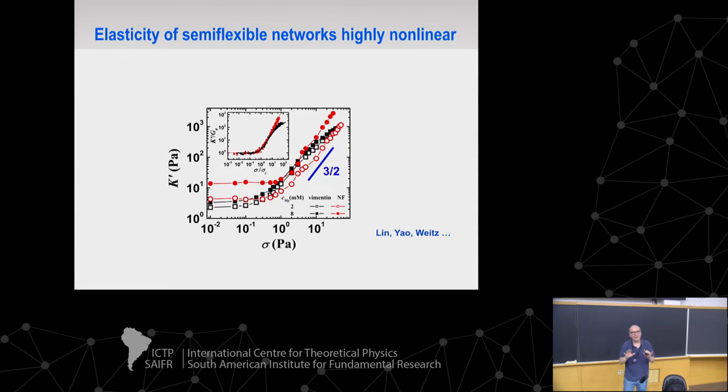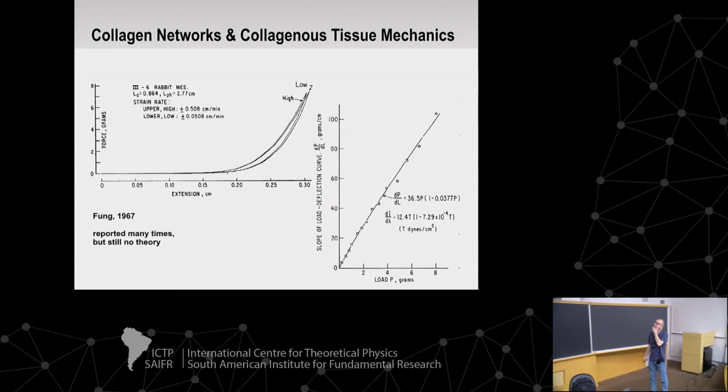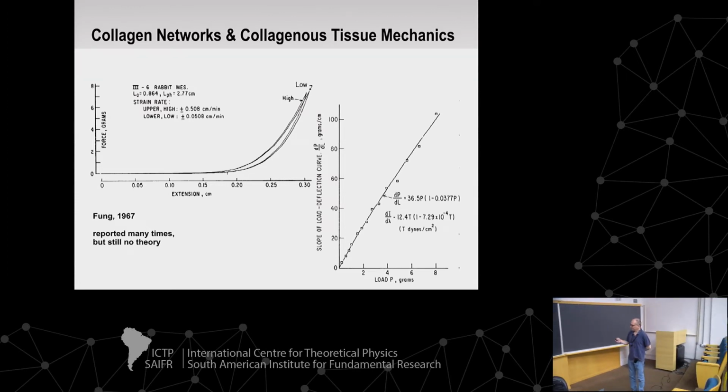Understanding this has been one of the puzzles that has been largely sorted out over the years. I just want to show you an analogous result at the level of tissue. This is from a classic physiology experiment of Fung years ago, and he did an interesting thing.